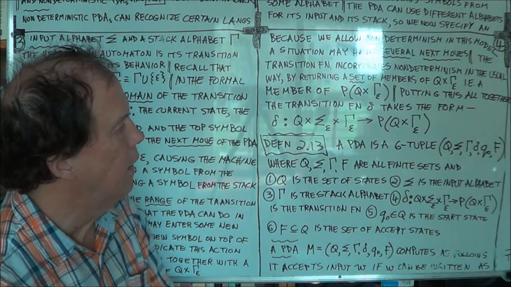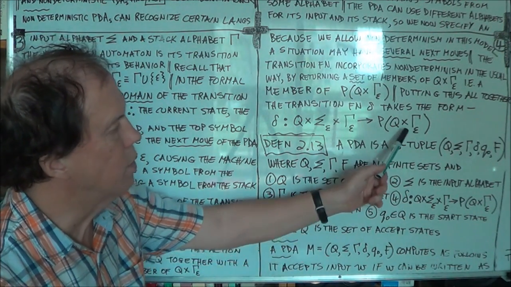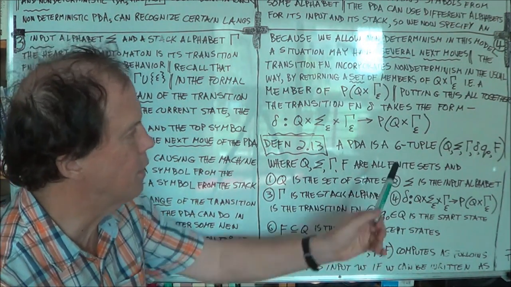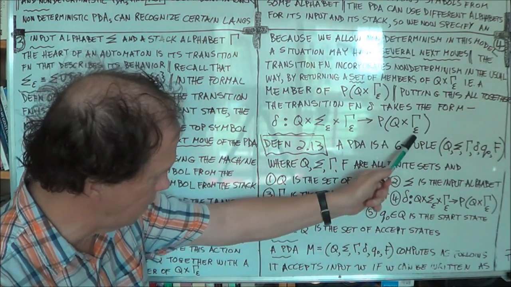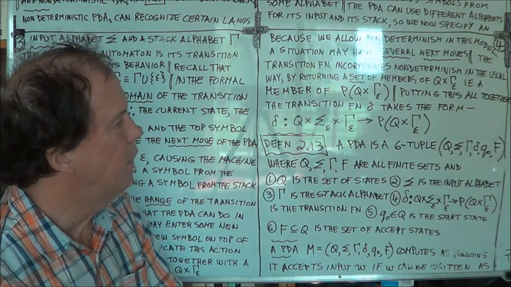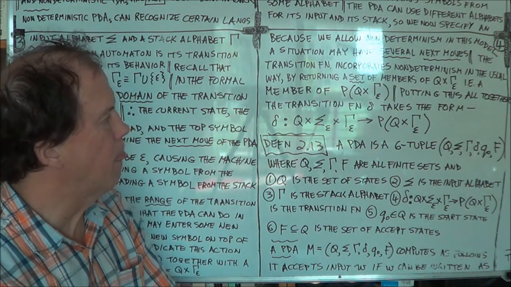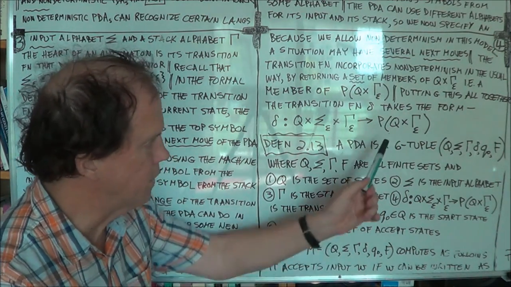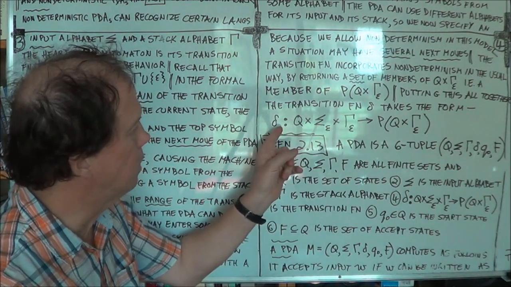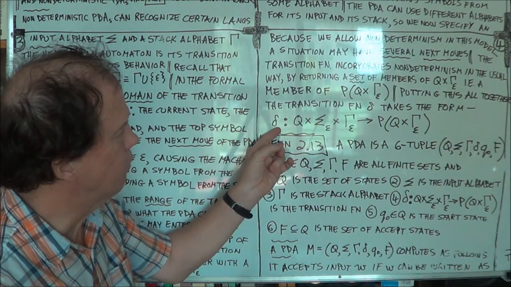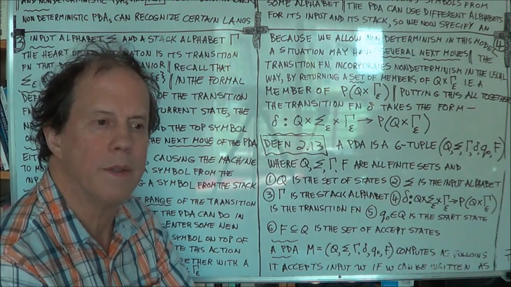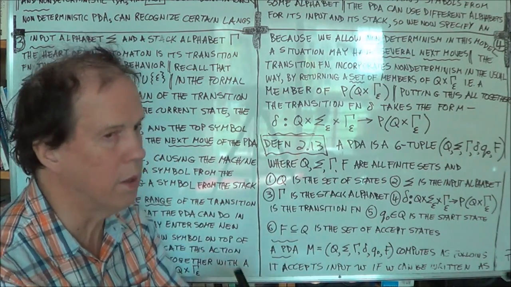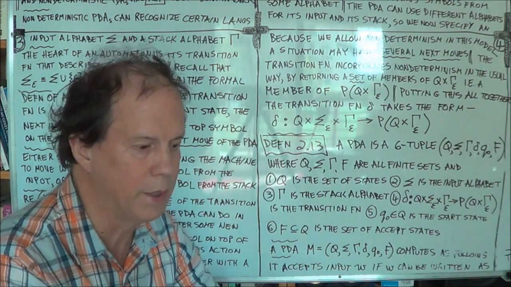And remember what the power set was? It was the set of all possible subsets of some set. Well, the set here is the Cartesian product. So the range then is the power set. So what the delta function, the transition function, can deliver is a set of ordered pairs, a whole bunch of them.